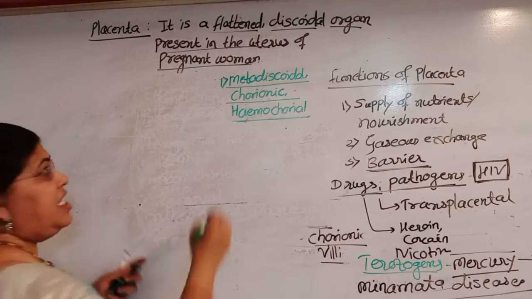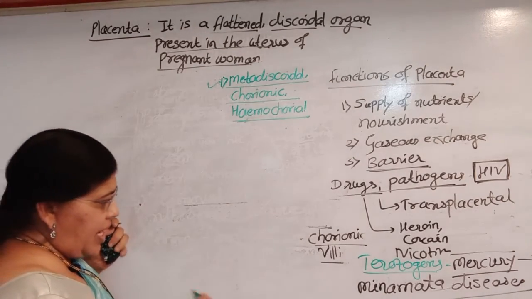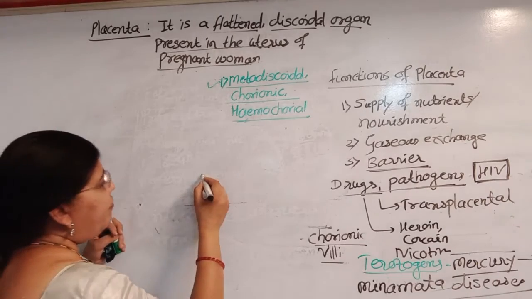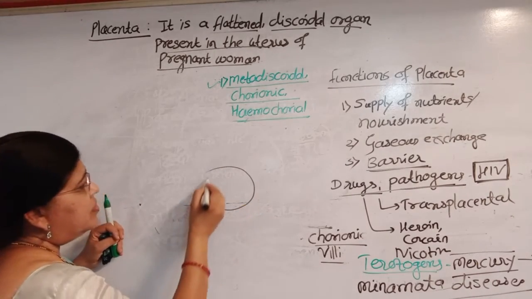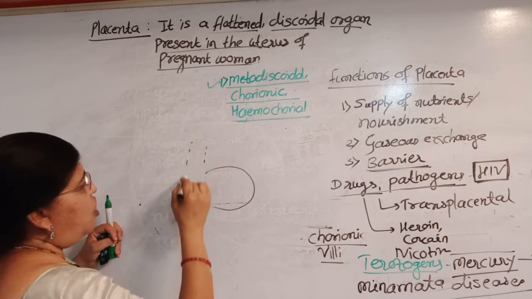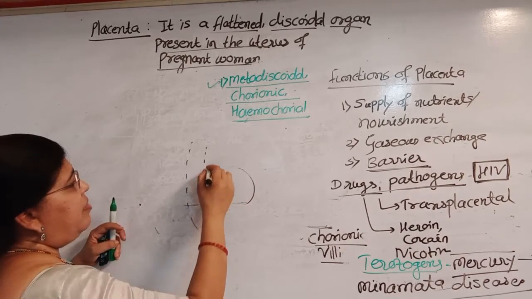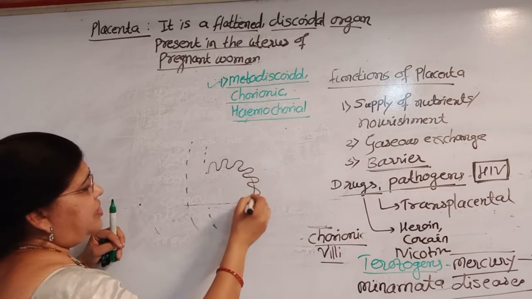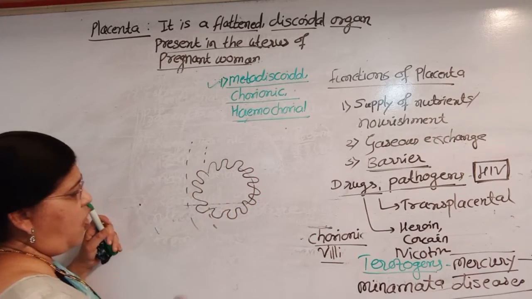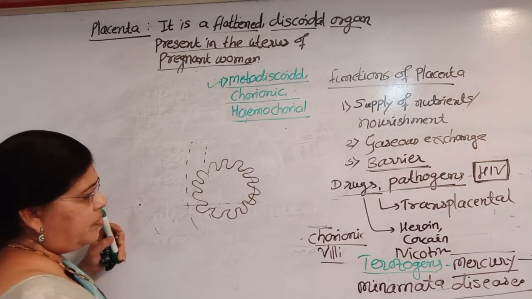Human placenta is metadiscoidal, which means at the time of implantation, when the embryo is implanted in the endometrium of the uterus, villi are formed everywhere in the embryo.